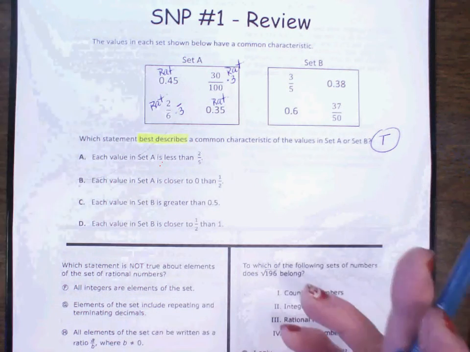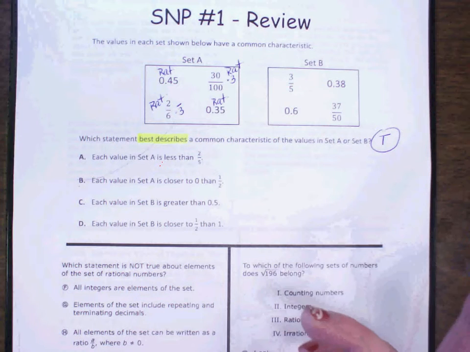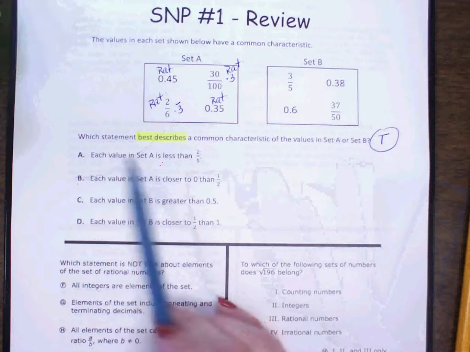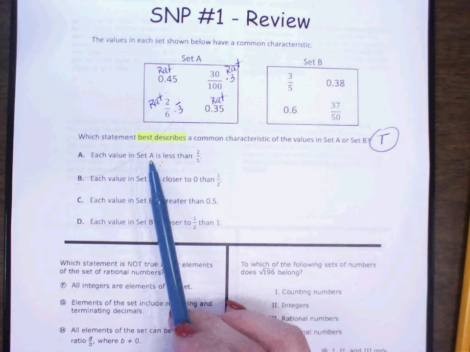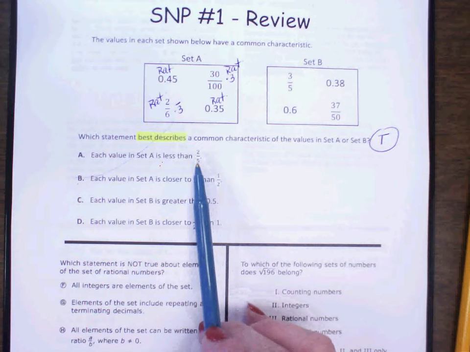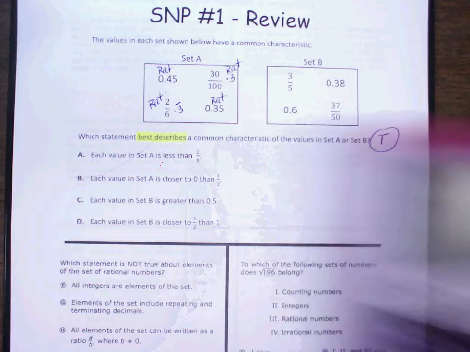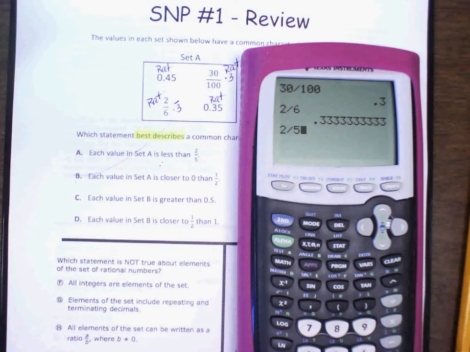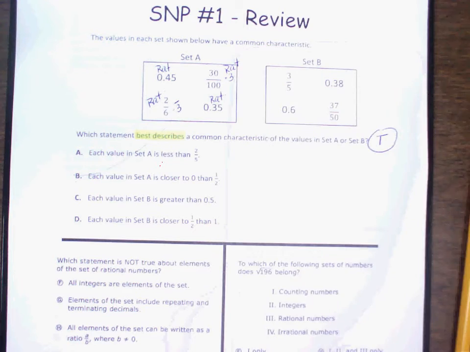But now that I looked at that, I said, wait a minute, it's not talking about whether they are rational or irrational. It says each value in set A is less than 2/5. Well, what is 2/5? 2 divided by 5. That would be 0.4.